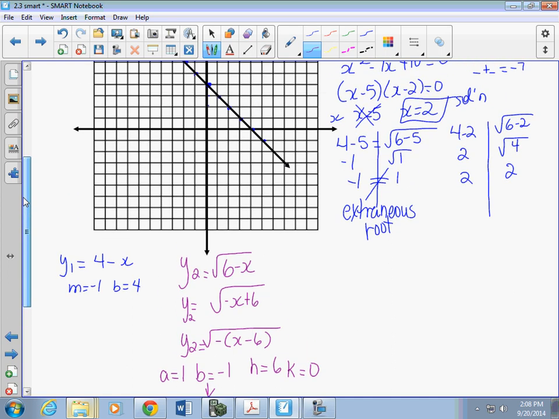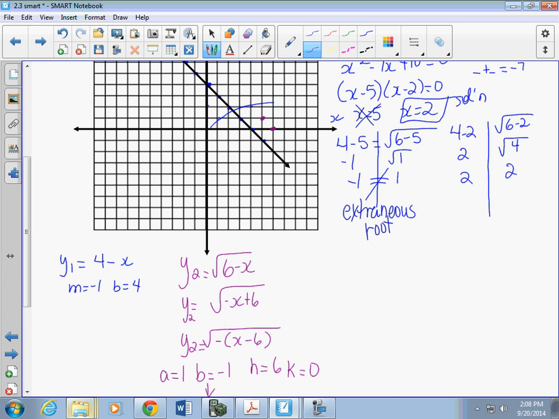Okay, so my original graph, and I'll just do that in blue, would be this one here going 1, 1, 1, 2, 3, 4, 2, like that. So this one means I have to reflect it, so it's going to be going in the opposite direction. And I'm moving over 6. So 1, 2, 3, 4, 5, 6. And then I will have my points from there.